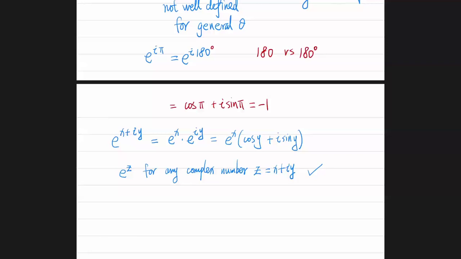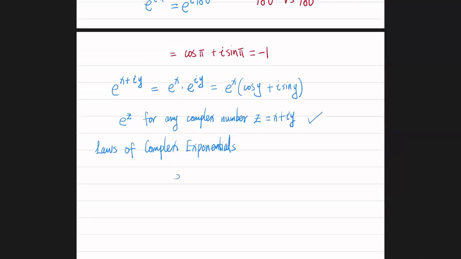So more generally, we have the laws of complex exponentials. Two complex exponentials, where both z and w are complex numbers.